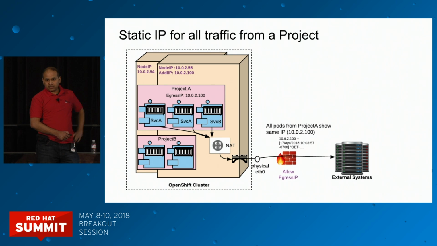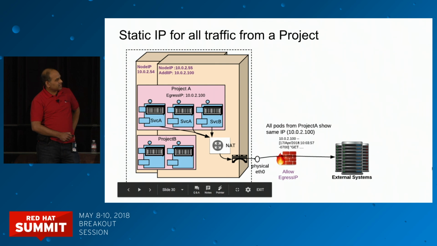So your project is created, but these pods can be scheduled on any node on the cluster, right? Irrespective of where those pods are, when the traffic goes out, since you configured the egress IP for this project, the traffic goes out with that particular IP address. So if you tap the traffic here, you'll see the IP that is configured here.